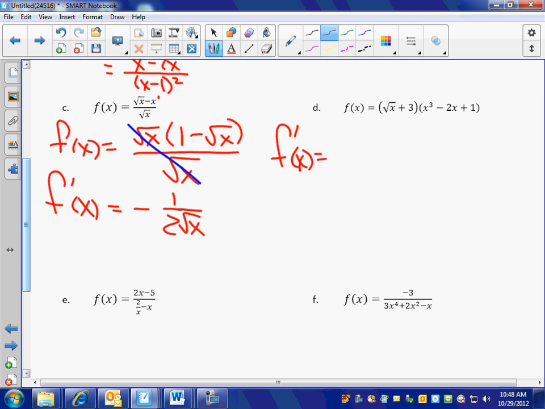Okay, the next one is the quotient rule, or I'm sorry, product rule. Maybe instead of actually foiling all this out, or distributing all these terms, you would actually use the product rule. So let's give it a shot. Shh, boys. What's the derivative of square root of x plus 3?